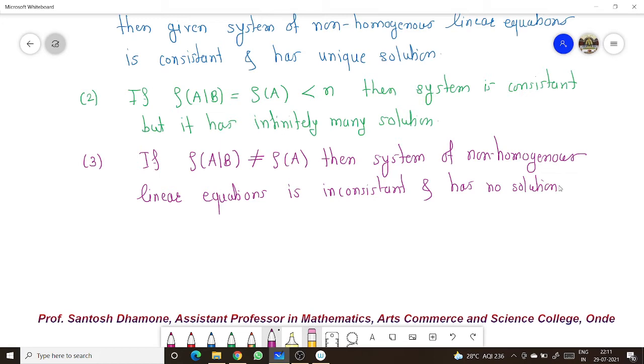This is the given system of linear equations.